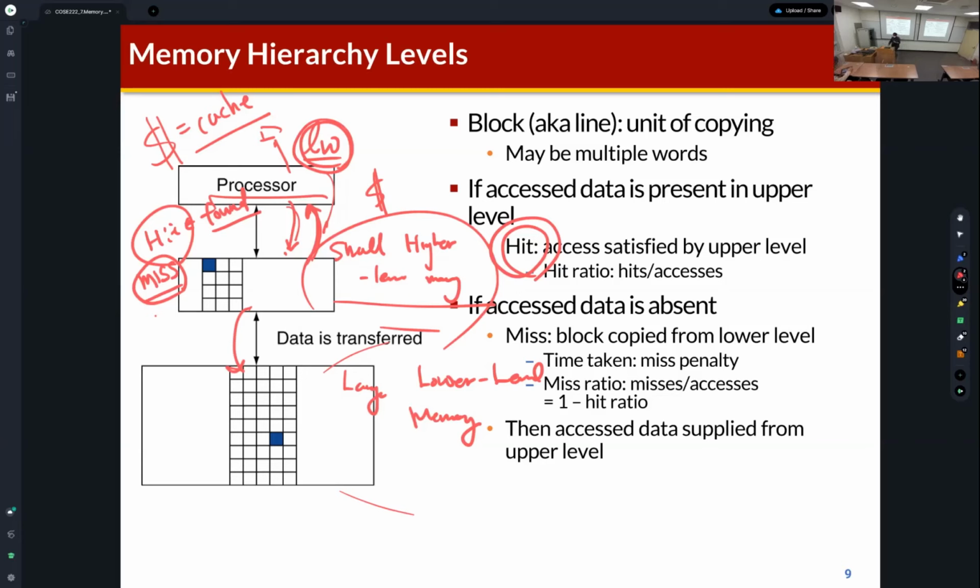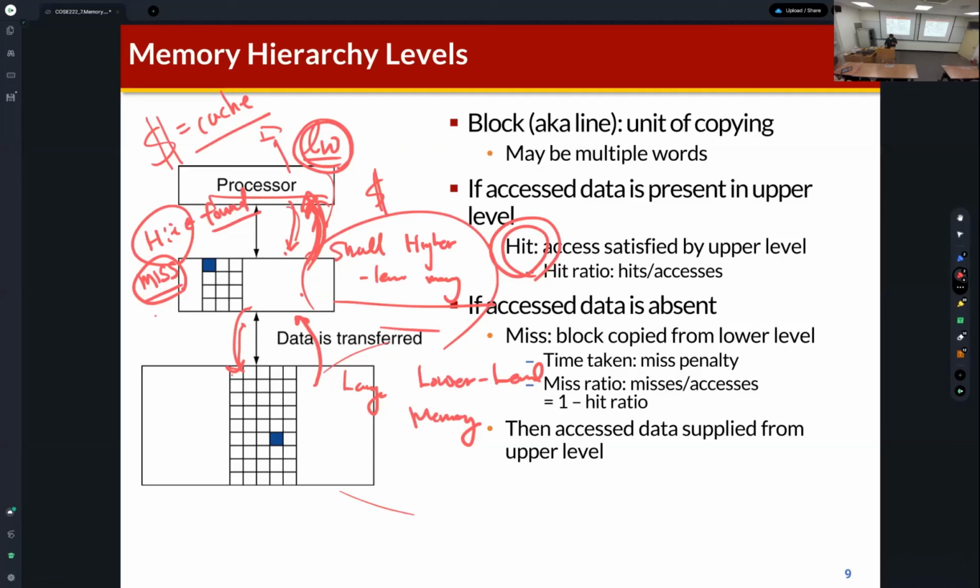So the request is given to the lower level memory, and we check if the requested data is found in this target memory or not. If the data is found, then the data is given to the higher level memory, and then the data is also given to the processor.